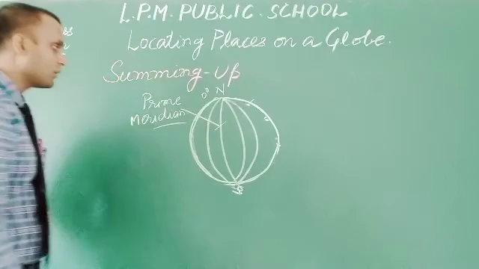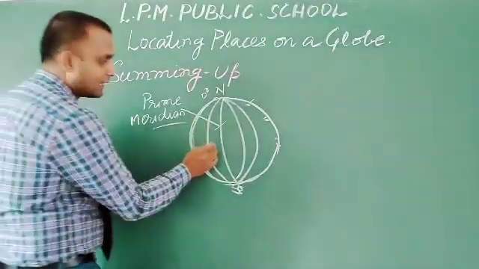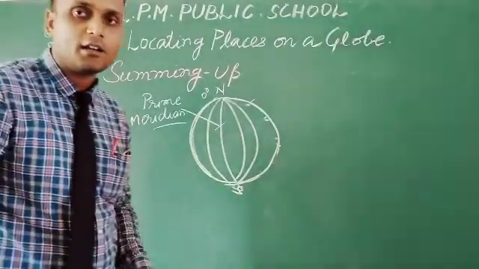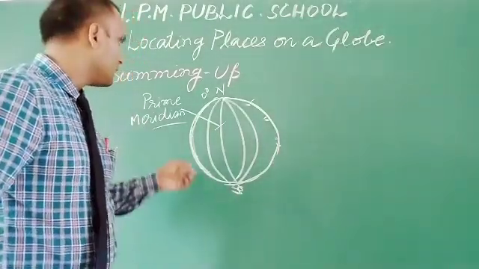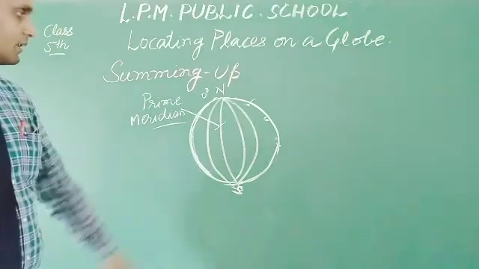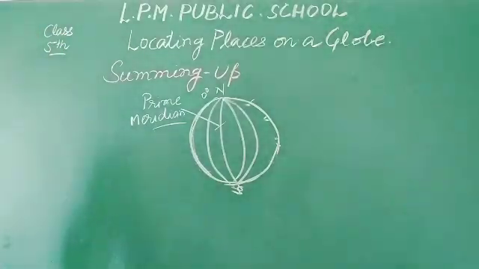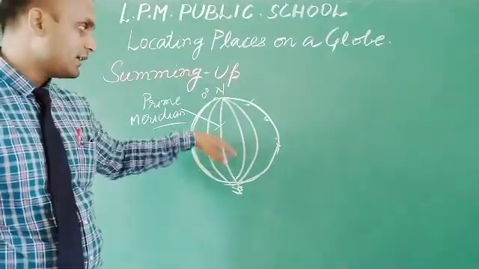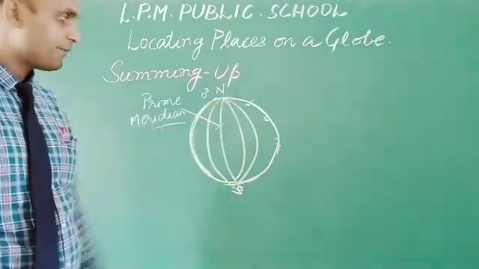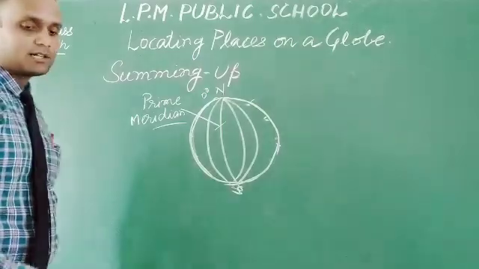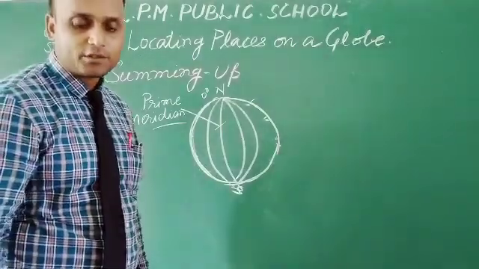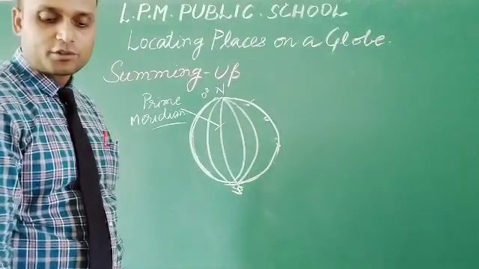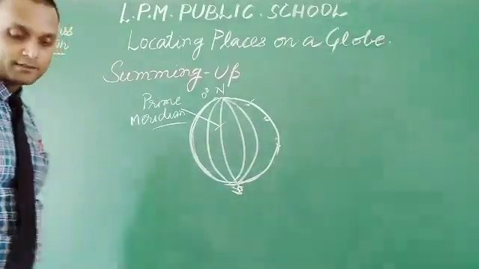These lines are not parallel to each other, and some important lines of longitude are the prime meridian and the international date line, which lies here. So these are some important lines of longitude. The 0-degree longitude is also known as the prime meridian.